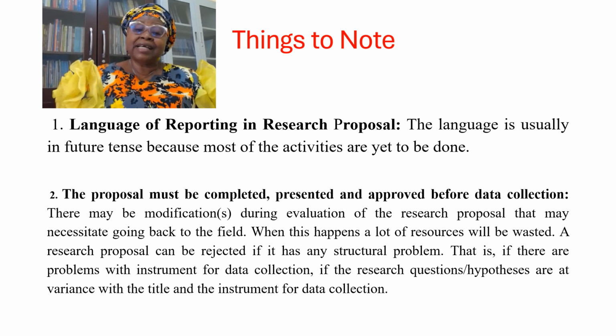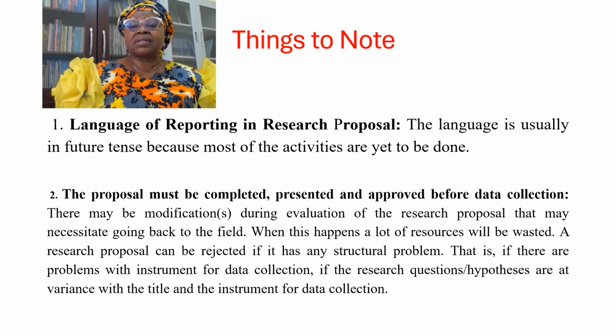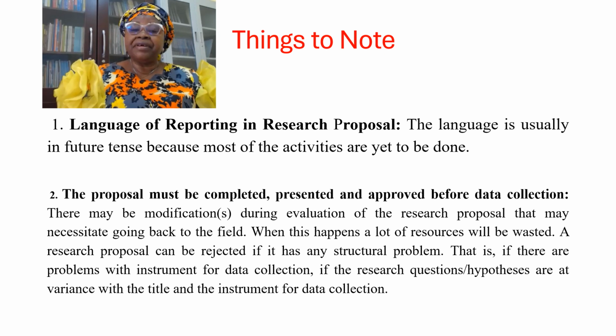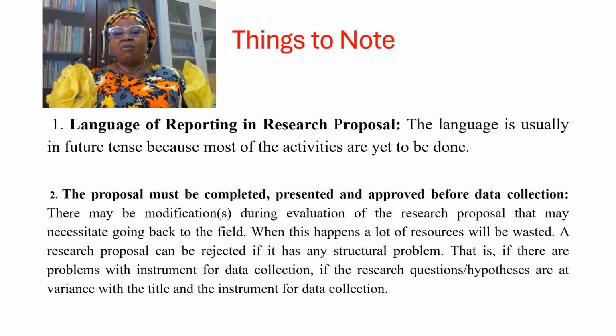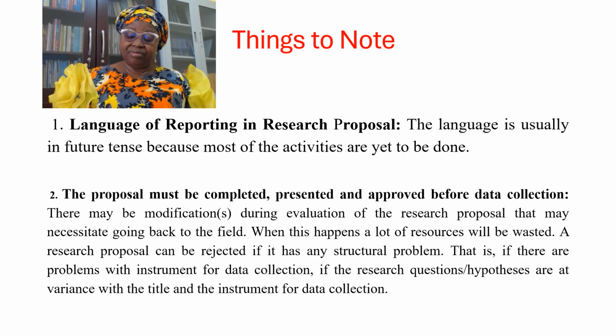The research proposal can be rejected outrightly. That is, if there are problems with instruments for data collection, or if the research questions and hypotheses are at variance with the title and the instrument for data collection, we can say the proposal has a structural problem. And once it has a structural problem, it has to be redone.